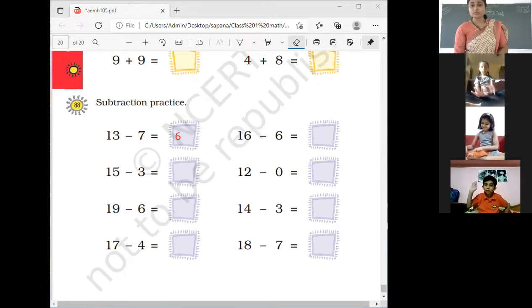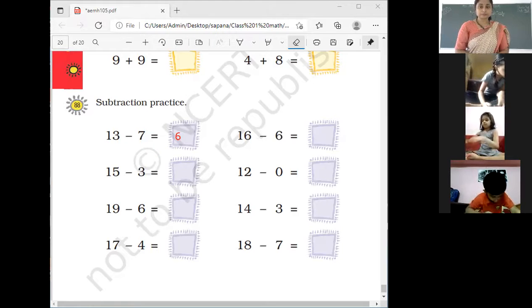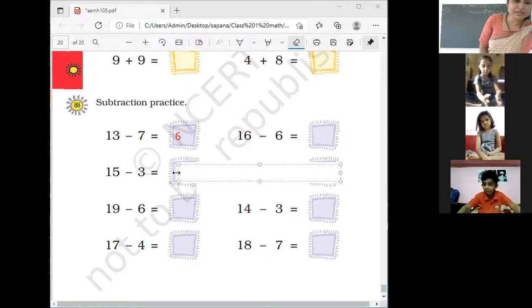Very good, Akshant. 15 minus 3. 12. 12. Very good. बुक में से आप देख कर बता रहे ना. 15 minus 3 is equal to 12.